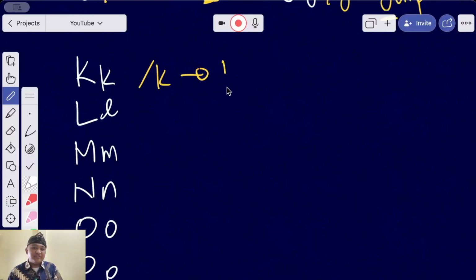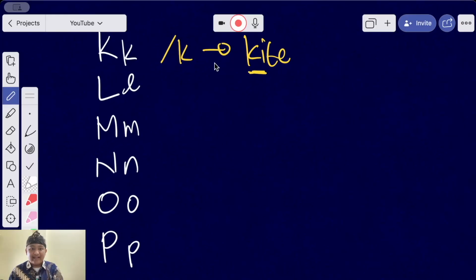Oh yeah, I think we can use kite. The K in kite. So we Sundanese read this as ka, the ka in kite. And then this is L, the L of long.